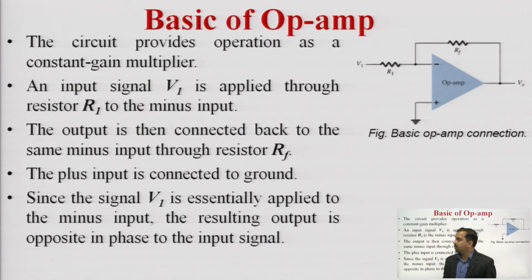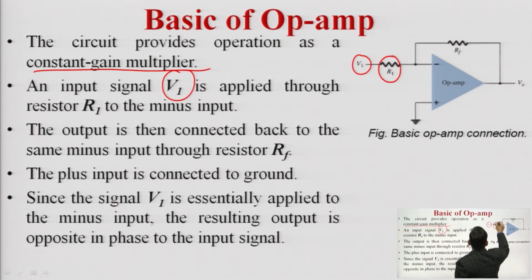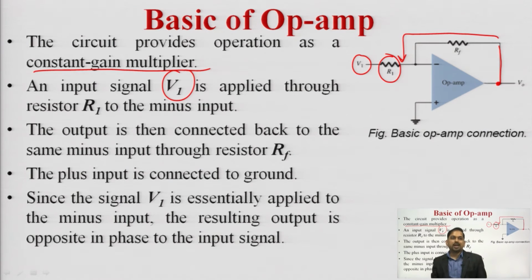This circuit is providing a constant gain, and the input signal V1 is applied through the resistor R1. The output is then connected back to the minus input, the negative terminal, through a feedback resistance.